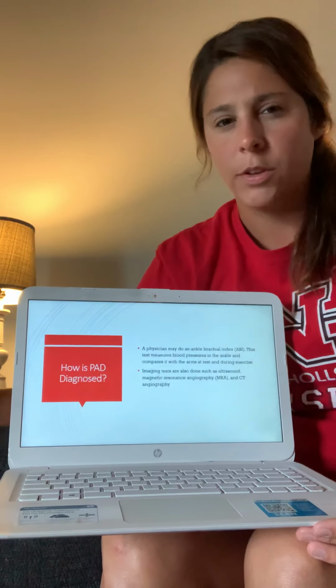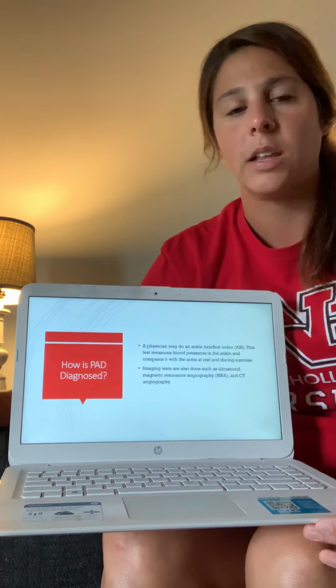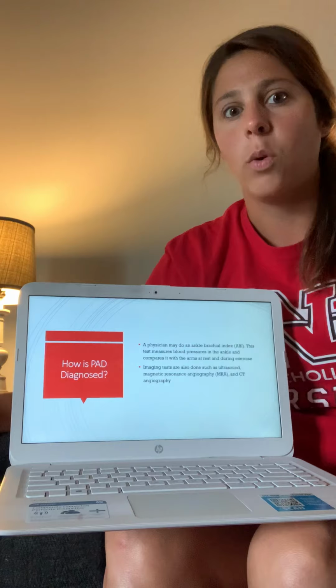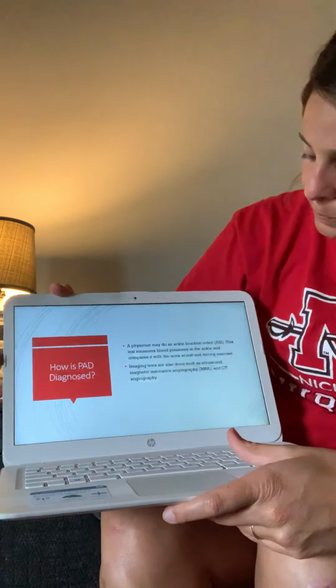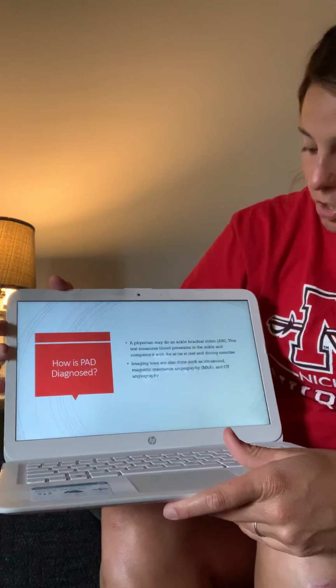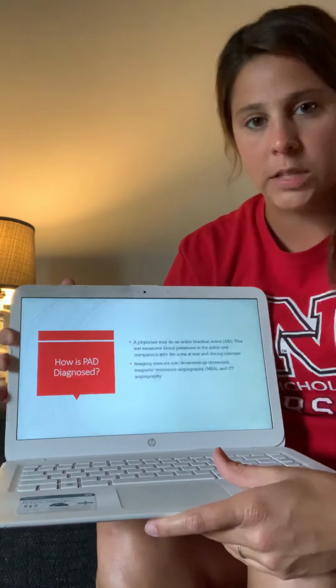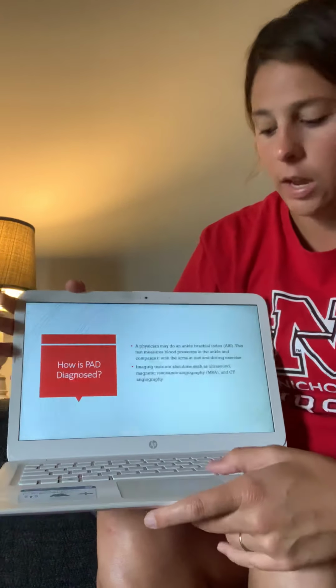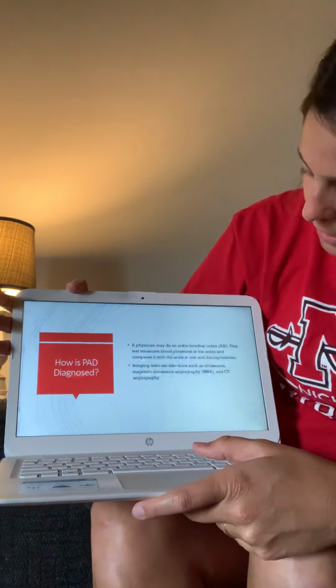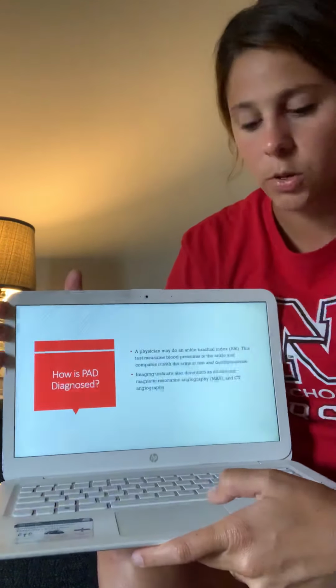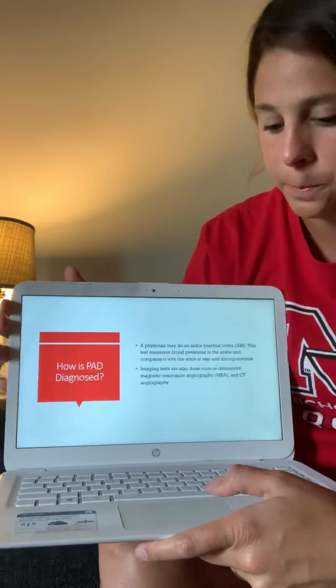They compare the two at rest and then right after you're exercising, just to see what your blood pressures are in both. Then there are also imaging tests they can do, which are ultrasound or magnetic resonance, or CT scans and CT angiographies. Those are all ways to diagnose PAD.